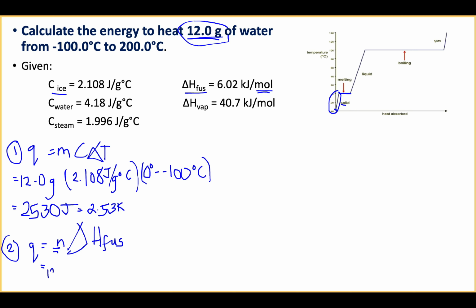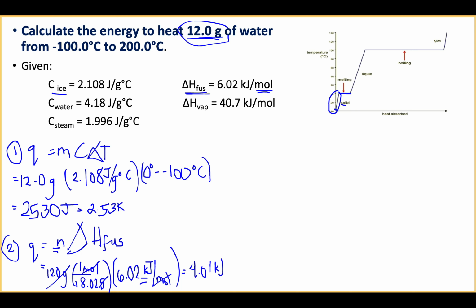So 12.0 times the molar mass of water. If you're unfamiliar with how to solve the molar mass, we have a video for that. Then multiplied by the heat of fusion. Cancel the units. This will give you kilojoules. Final answer is 4.01 kJ for step 2.